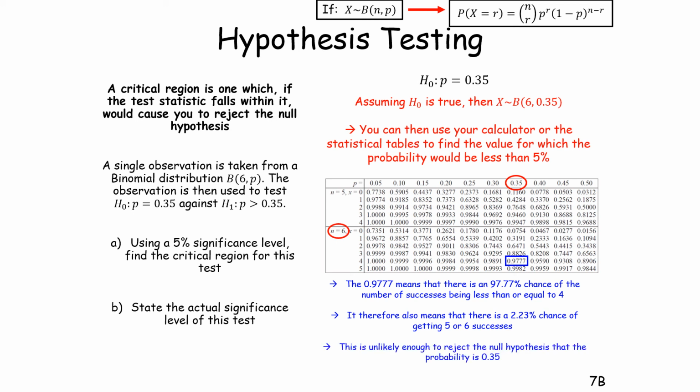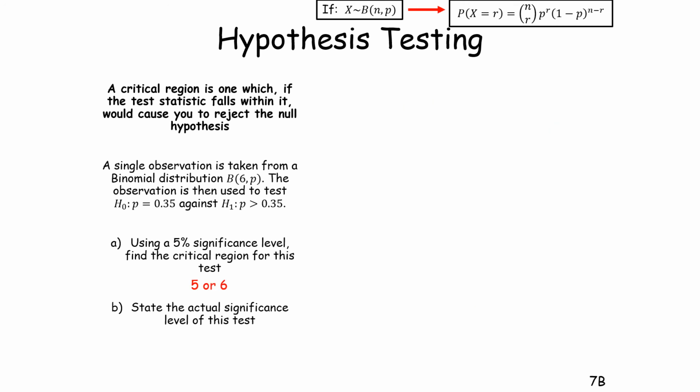So this is unlikely enough to reject the null hypothesis that the probability is 0.35. That means the critical region is therefore 5 or 6, or sometimes you could just write greater than or equal to 5.